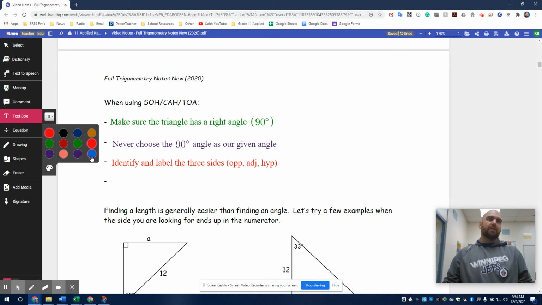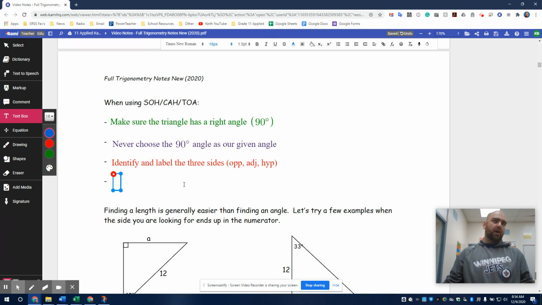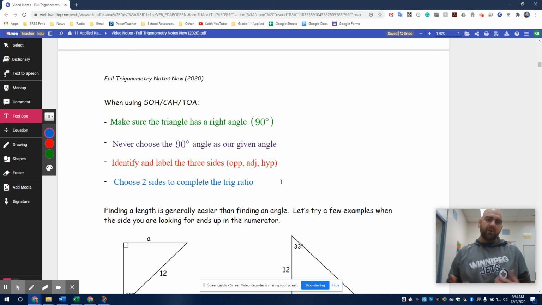The last thing is we choose two sides to complete a trig ratio: whichever two are given, or the one that is given and the one we are trying to find. The third side we do not need to worry about at this point, because that will be used later. And there's the buzzer. It's time to end the video.